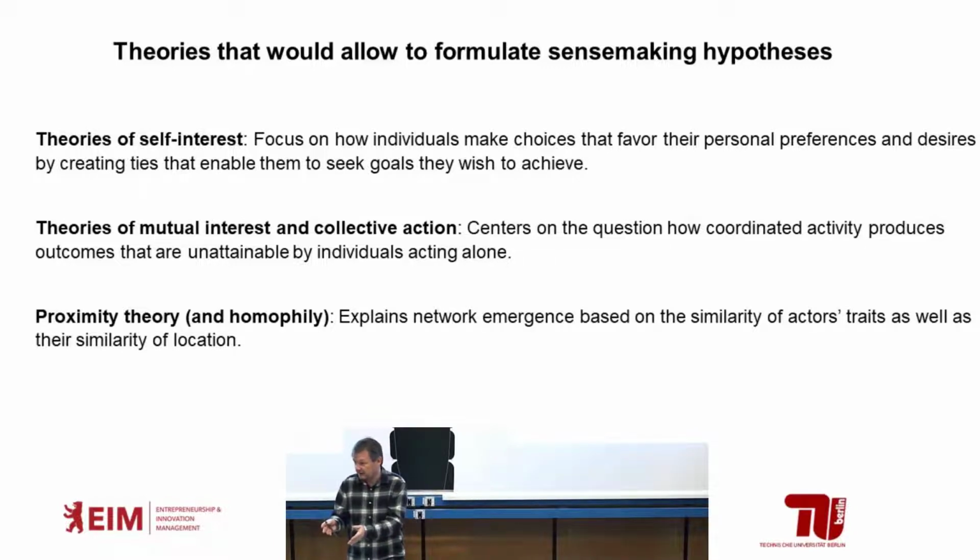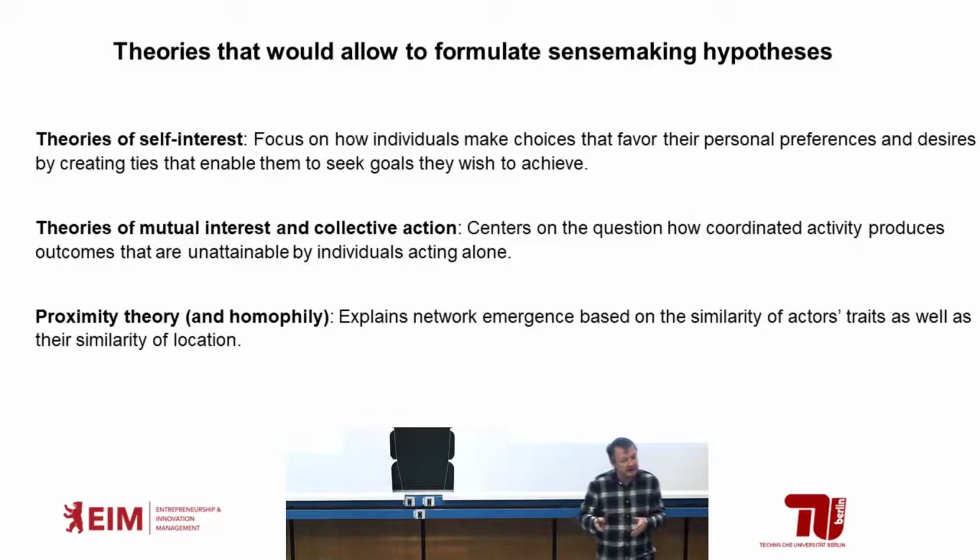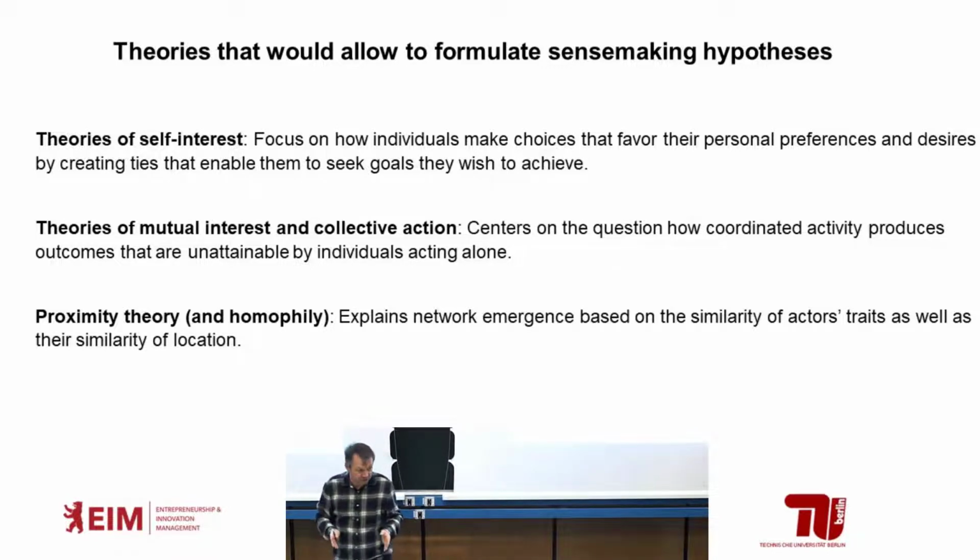Querdenker is a quite diverse group, from some right-wing people, some esoteric people, some whatever crazy people. It's extremely diverse. So maybe the third theory is not really applicable to the crowd movements of Querdenker, but it would be applicable to the crowd movements of Fridays for Future. For all other aspects, one or two theories are applicable to both. And the theories now enable you to formulate hypotheses.